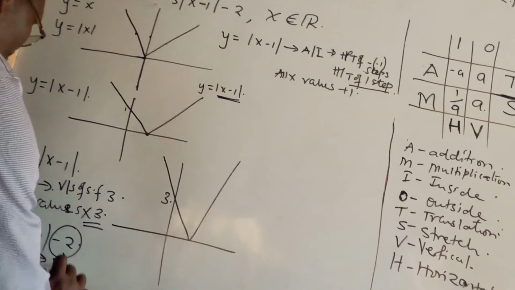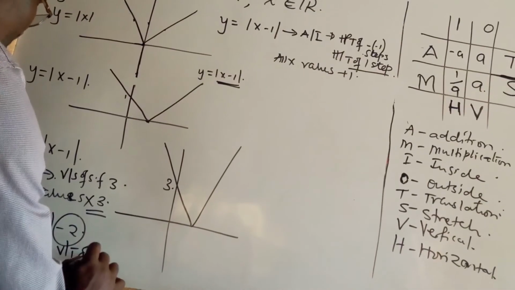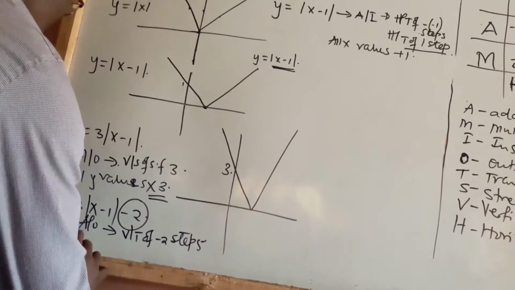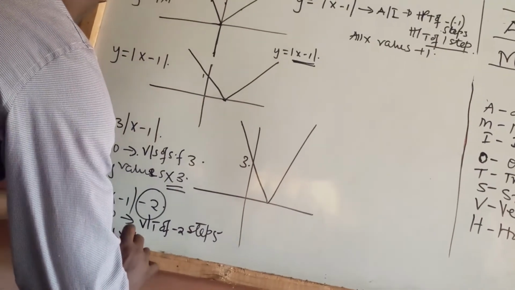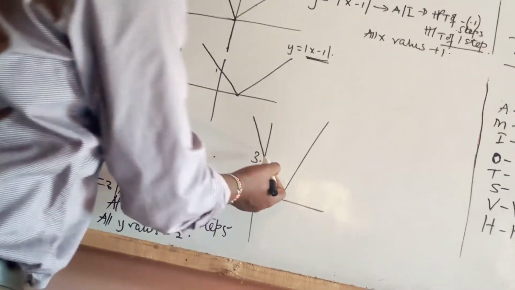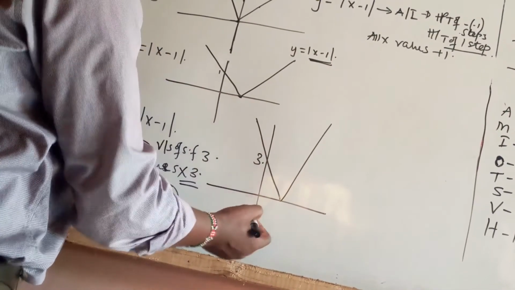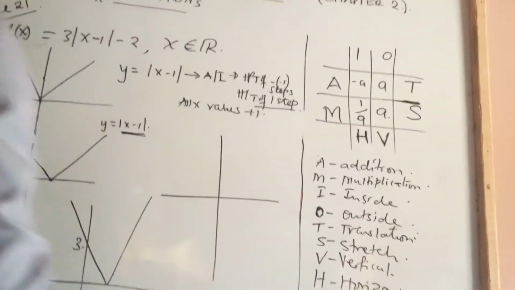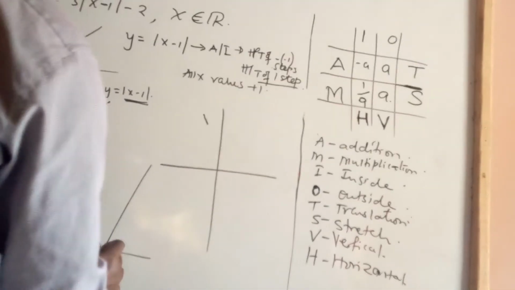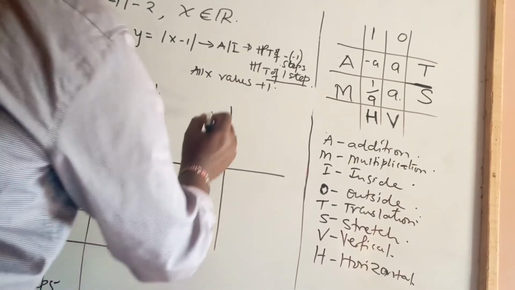So it is a vertical translation of negative 2 steps. Vertical means all y values minus 2. So even what we are having here, y equals 3, is going to be minus 2, which is 3 minus 2, 1. And this is going to be 0 minus 2.